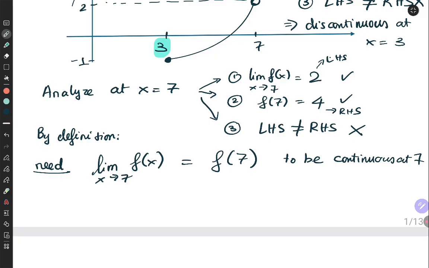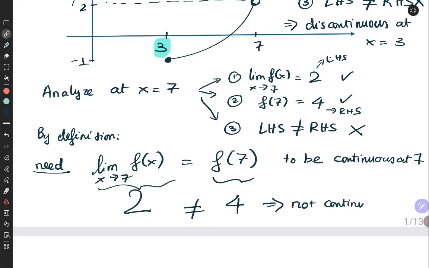Are they equal to each other? They are not equal to each other. Okay, but you need that to be continuous at 7. But it's not. Therefore, not satisfied.